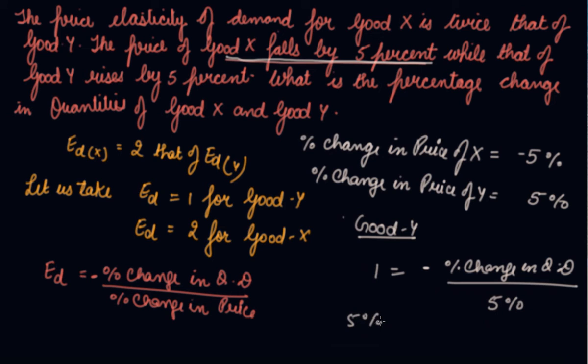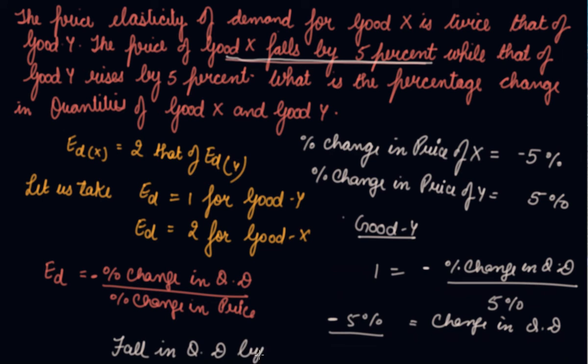So you get the answer, the change in quantity demanded is 5% negative, which means that there is a fall in quantity demanded by 5% due to the rise in the price by 5%. So this will be the impact on the quantity demanded of good X and good Y.